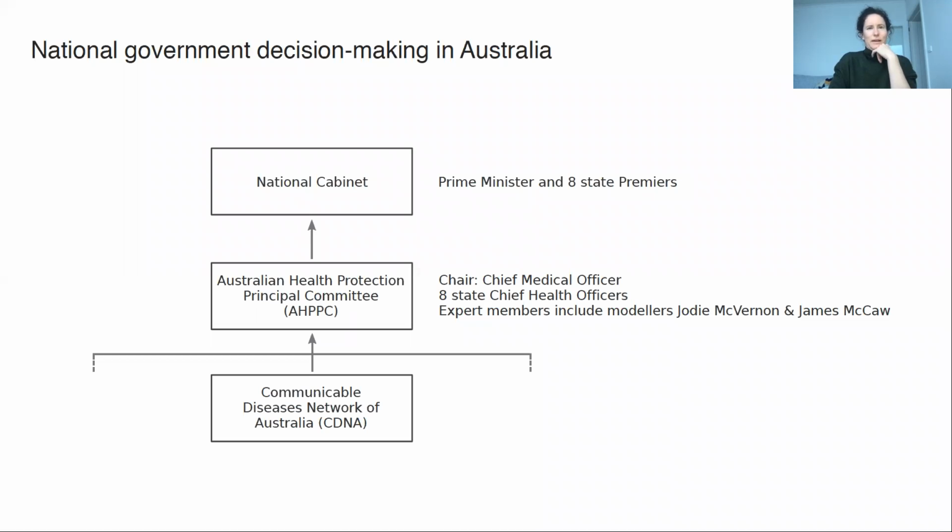National cabinet sits the Prime Minister as the chair and the 8 state premiers as members. Then we have the Australian Health Protection Principal Committee, which is the peak advisory committee to national cabinet. Our Chief Medical Officer chairs that committee, and 8 state chief health officers are members, and it also includes 2 expert members, modellers Jodie McVernon and James McCaw.